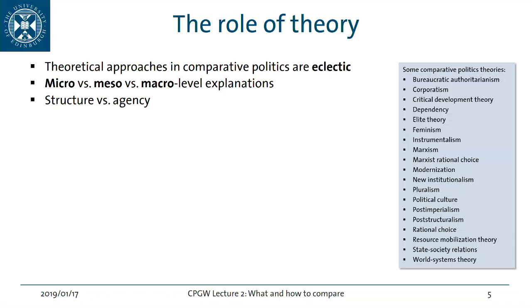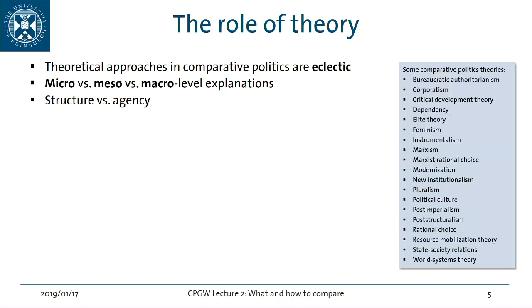But in general, you can divide comparative politics theories up into three very broad fields. There tend to be approaches that work on the micro level, approaches that are on the macro level, on the highest possible level, and on the meso level, somewhere in between. And this relates to what they particularly look at for their explanations of why politics works the way it does.